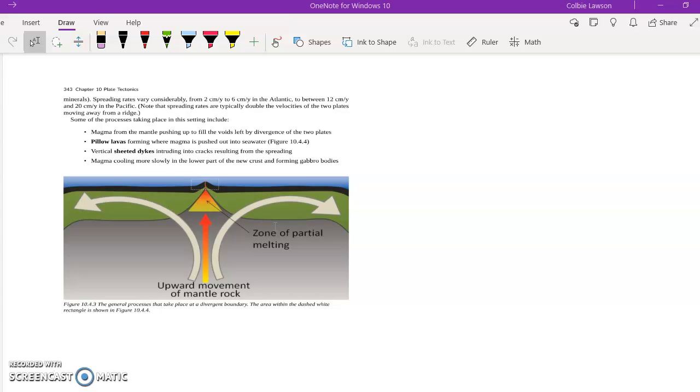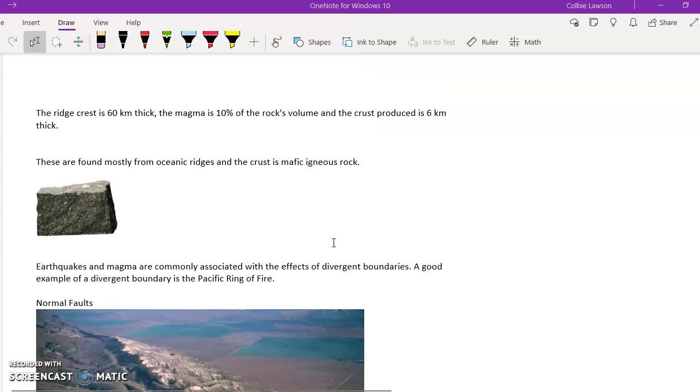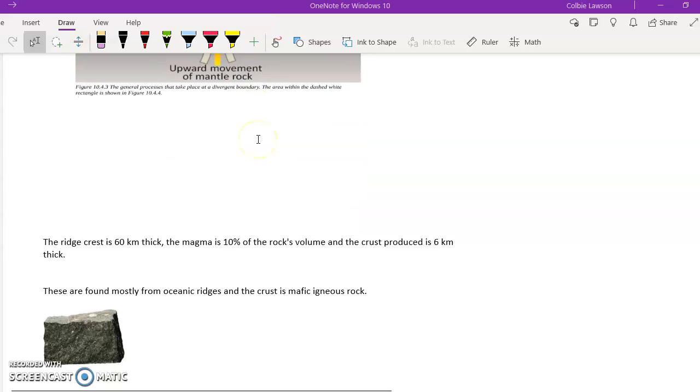Most divergent boundaries are located on oceanic ridges. As I said, the crust that's produced is mafic igneous rock. So the ridge crest is the area around here, right around the zone of partial melting.